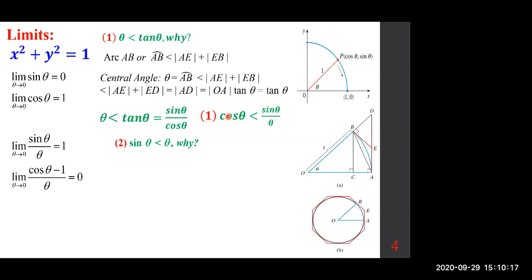Let me just explain number two. Maybe I should write this quickly. Let me put it for you over here.